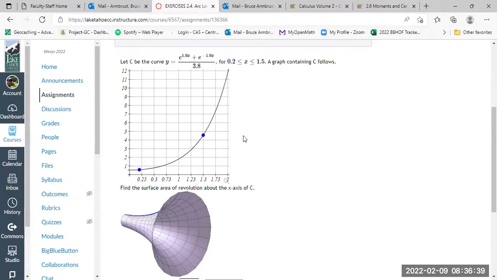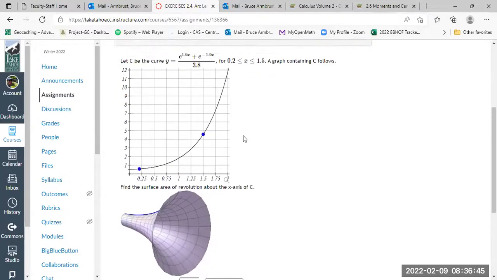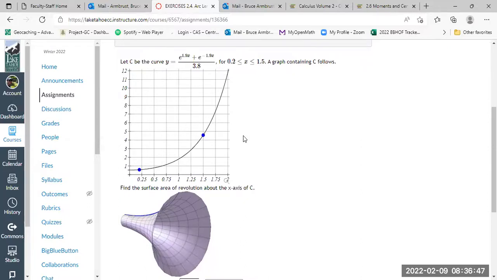Then it says we want to find the surface area of revolution about the x-axis for C. So we're clear on the question. Let me just write this function down here really quickly, and then we'll see what we can do about finding the integral.